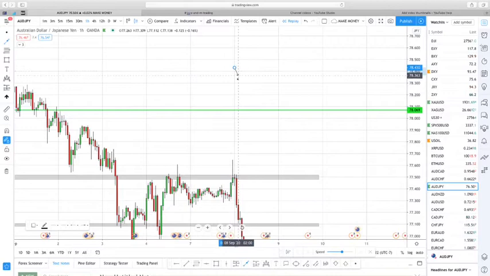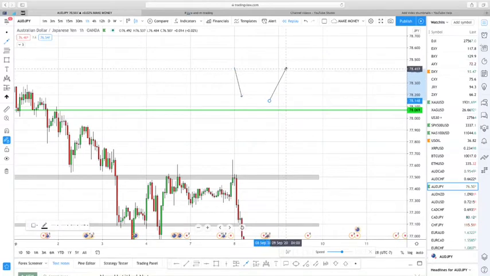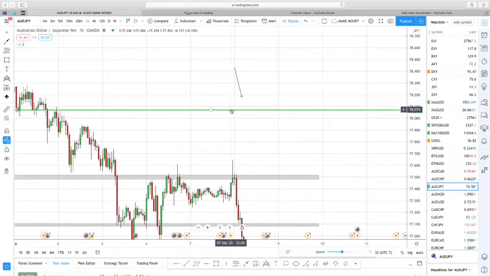If price is falling, and at some point we're expecting price to come back up, then this point right here can represent our entry point that we're looking for price to go past and then come back up. That would be our buy limit.